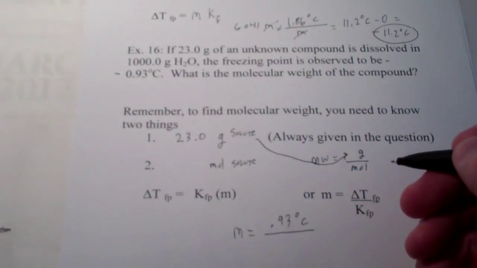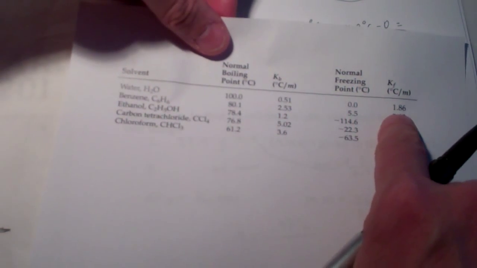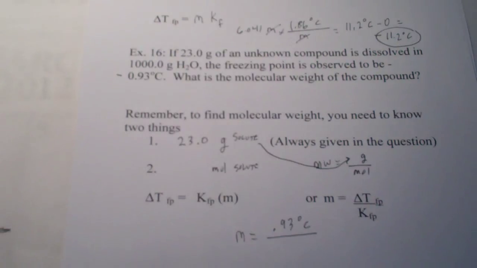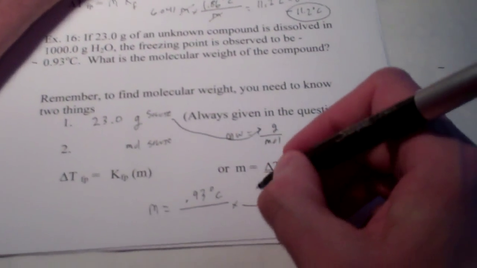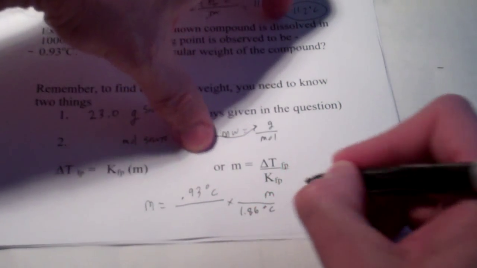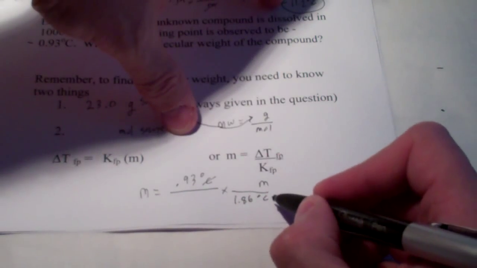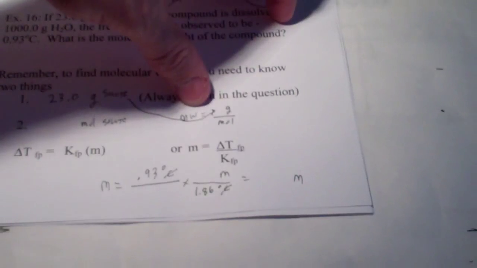Divided by the K sub F. So the K sub F for water, we can look that up again, is 1.86 degrees Celsius per molal solution. You can see degrees Celsius is divided out, and we end up with molality.